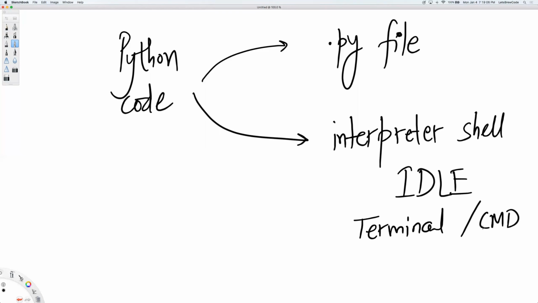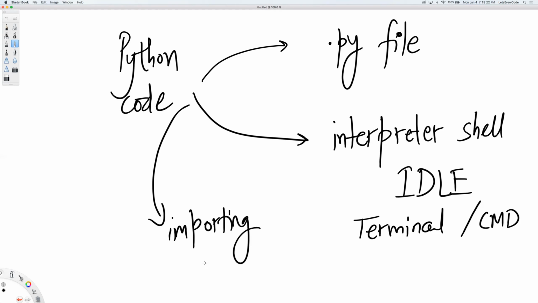You can use any of these to run Python in an interpreter mode. And the third is by importing modules. Don't worry about this for now. These things will become extremely clear as we move forward. We're going to dive into all of this.